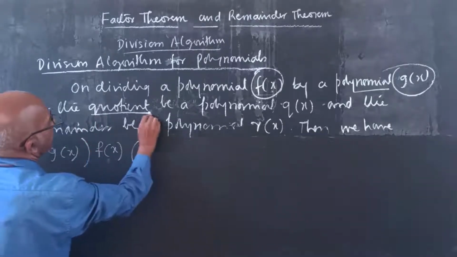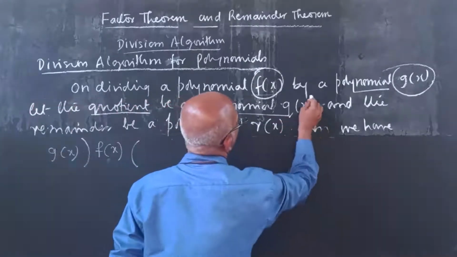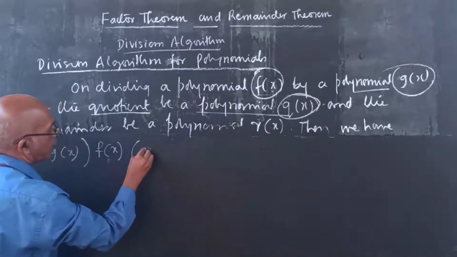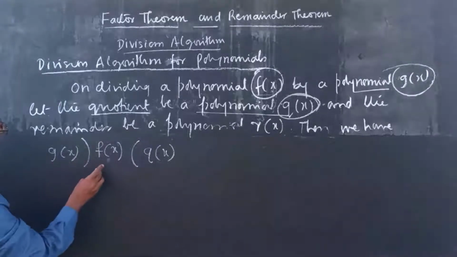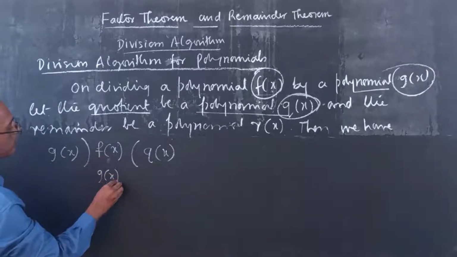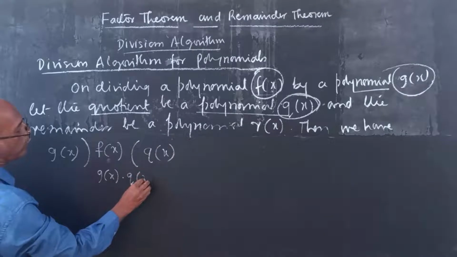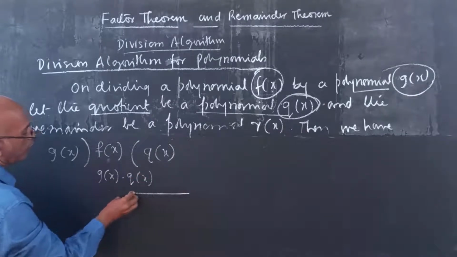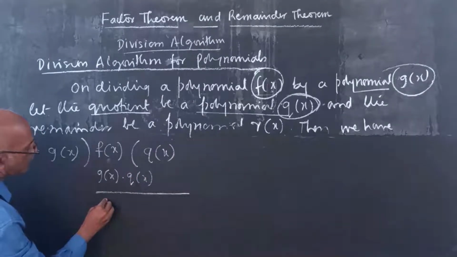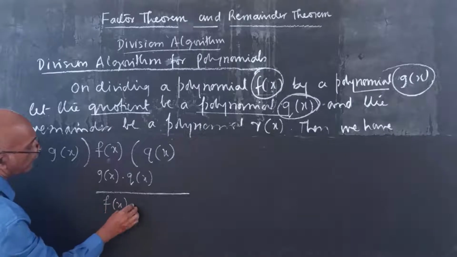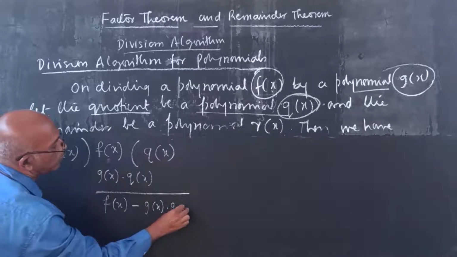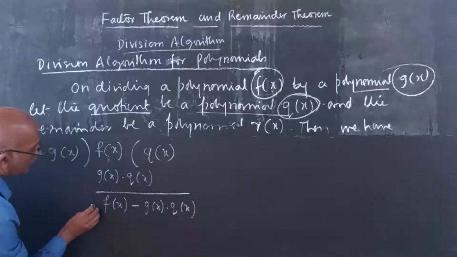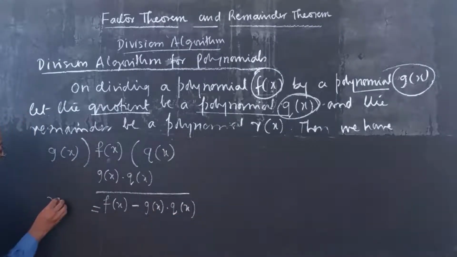Let the quotient be a polynomial q(x). Now we shall multiply g(x) into q(x). After multiplying, we have to subtract. So that is f(x) minus g(x) into q(x). This is nothing but your remainder polynomial r(x).